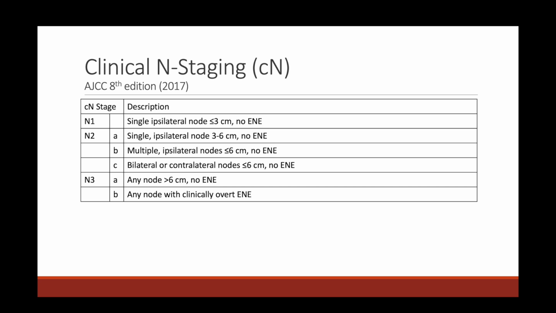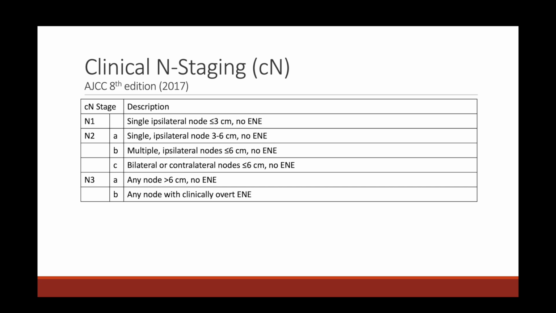N2 is divided into A, B, and C. And N2 includes anything that's 6 centimeters or less in size. So N2A is anything that's a single ipsilateral node, 3 to 6 centimeters without ENE. N2B is multiple ipsilateral nodes that are 6 centimeters or smaller without any ENE. And then N2C is bilateral or contralateral nodes that are 6 centimeters or smaller without any ENE.